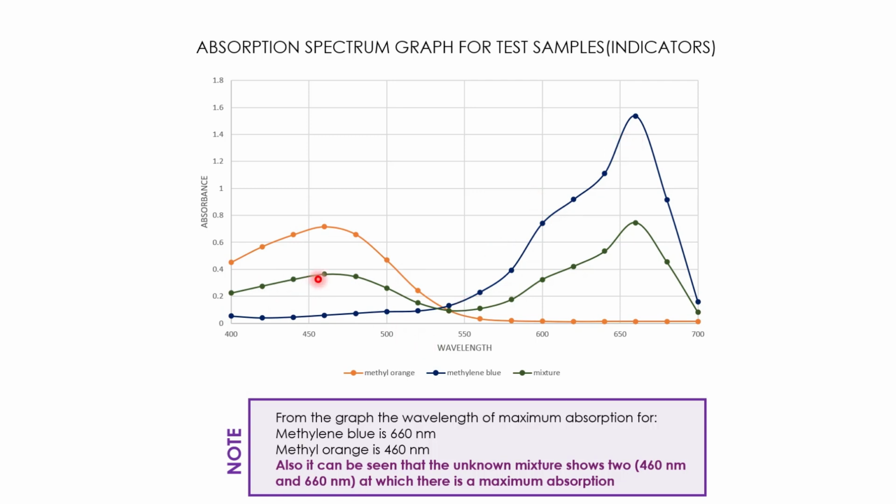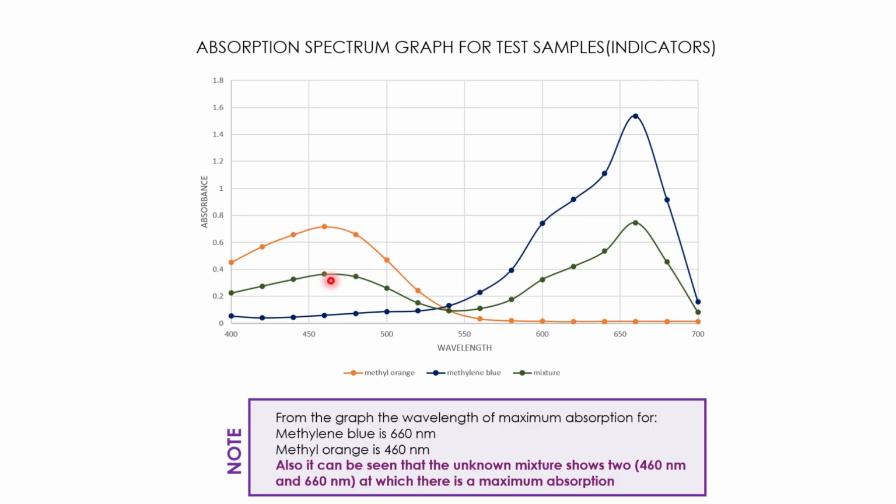One key thing to note is that from the graph, the wavelength of maximum absorption for the methylene blue is at 660 nanometer as shown here, and that of the methyl orange is at 460 nanometer. And it can also be seen that the unknown mixture has two wavelengths at which there is a maximum absorption, and this is as a result of the presence of the methylene blue and the methyl orange.